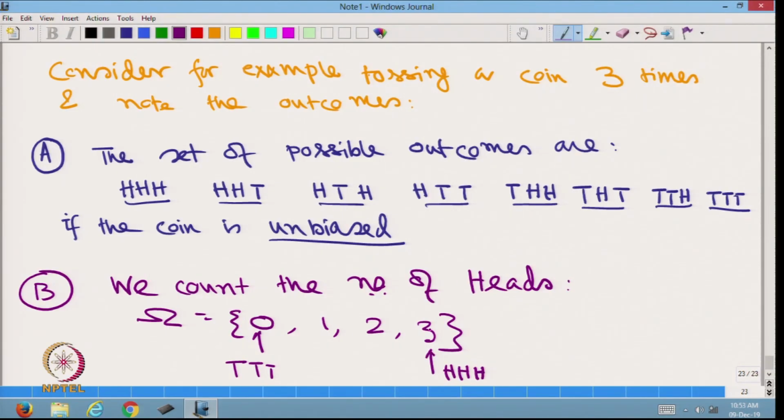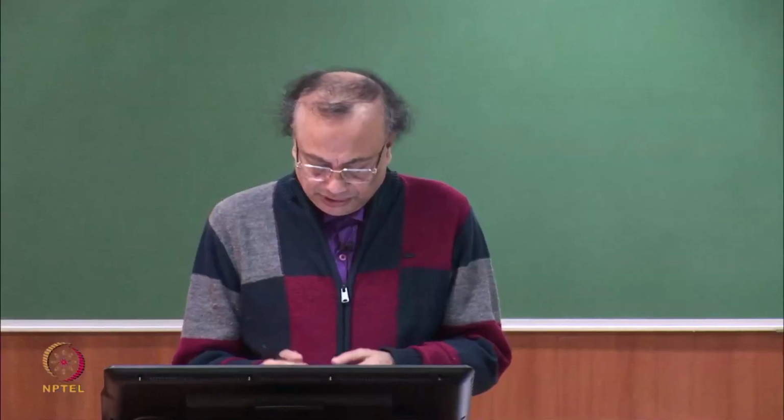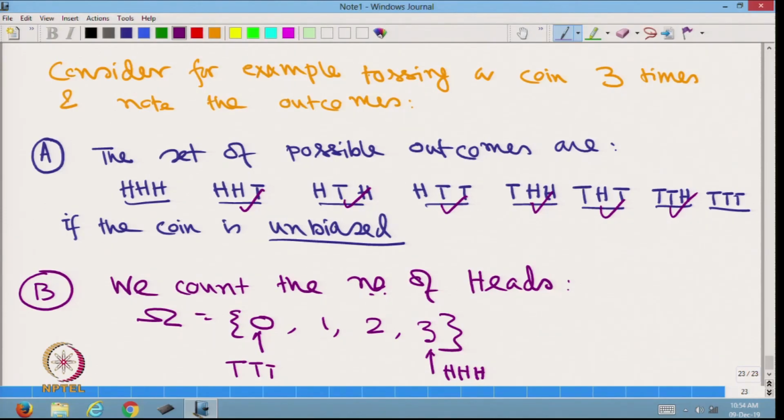Here none of them is head, therefore the count of heads is 0. And 2 can happen for this, this and this. On the other hand, 1 can happen for this, this and this. Thus, there is more chance for 1 or 2 happening instead of 0 and 3. Hence, not equally likely.